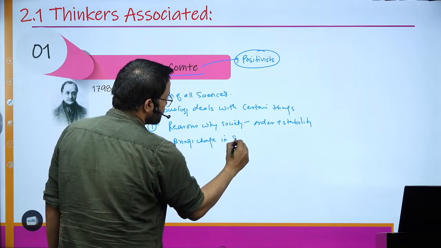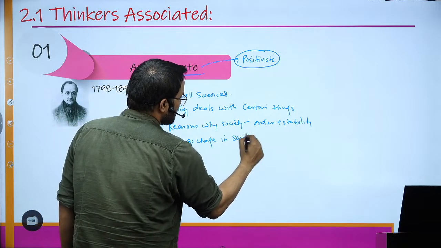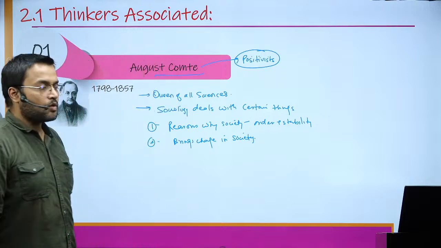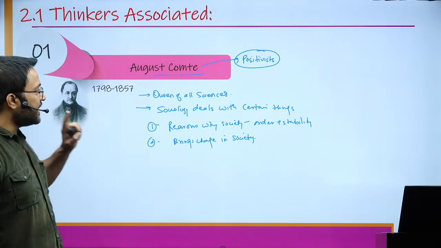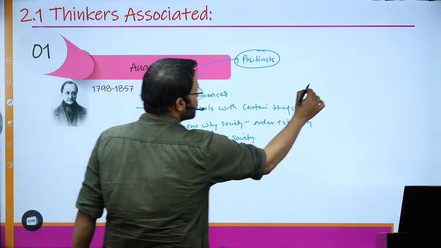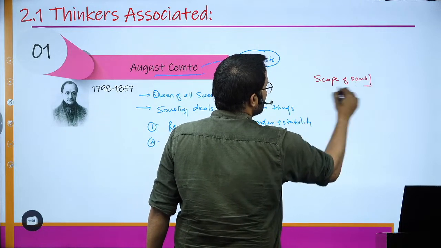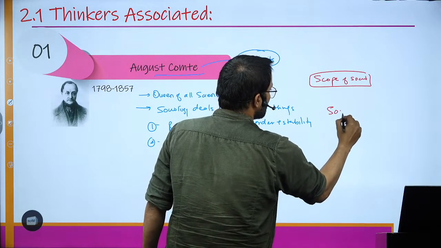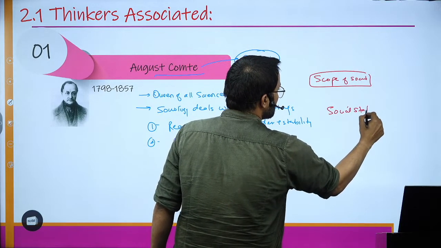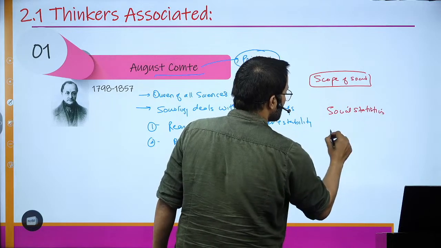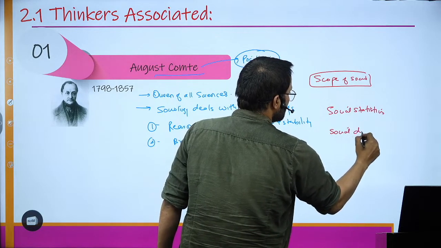So he said that the scope of sociology is social statics and social dynamics.